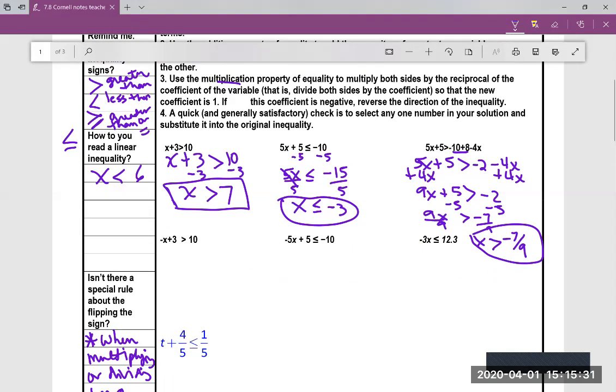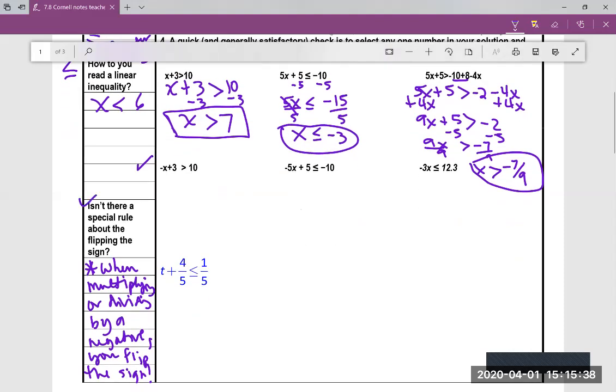Okay, this is one where we're going to have to start paying attention to this special rule right here. If we are dividing or multiplying by a negative number, then we're going to flip the inequality sign. So far, we did some subtraction, but we have never divided or multiplied by a negative yet. So let's pay close attention on this. I'm going to start by subtracting 3. So I have negative x is greater than 10 minus 3, which is 7.